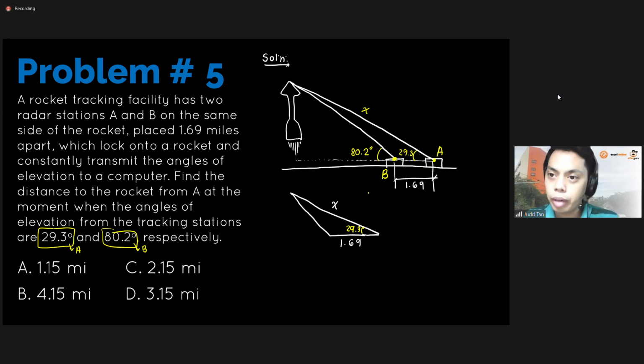Okay guys, so ano pong angle po dito sa isa? 80.2 kasi to, no? Malamang guys, yung isa, 180 minus 80.2. Ano ba yung 180 minus 80.2? 99.8 degrees, no?